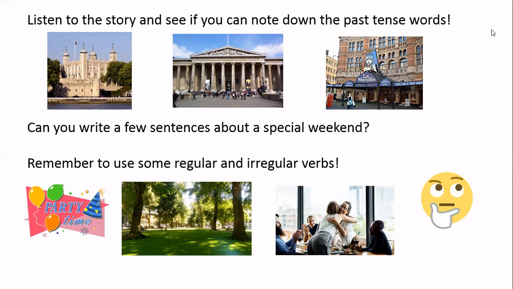Okay, so I'm going to read you a story and I want you to listen really carefully and see if you can spot past tense words. So you might spot a regular past tense word, you might spot some irregular past tense words, or you might spot a negative past tense word. Okay, so see what you can hear.